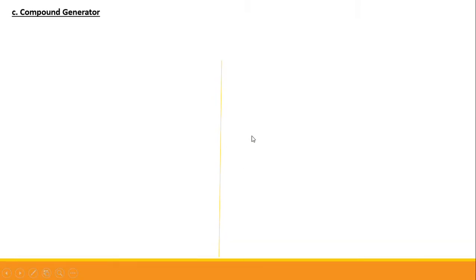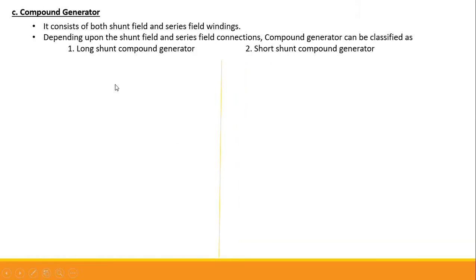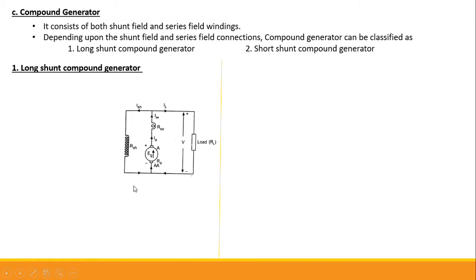Now the last one, the compound generator. Dear students, a compound generator consists of both shunt field and series field windings. Depending upon the shunt field and series field connections, the compound generator is further classified as long shunt compound generator and short shunt compound generator. Let us take the first one, the long shunt compound generator.